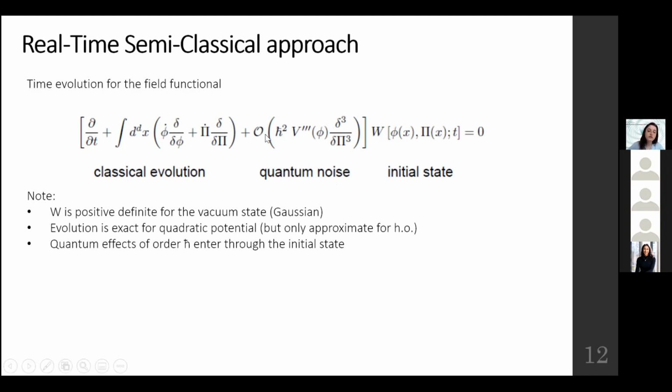In practice, we don't actually look at these higher order corrections, and we only evolve classically. So the initial state, this Wigner distribution, is positive definite in the Gaussian case, which is what we will be working with, the vacuum state. This evolution, as you see, is exact, is no longer perturbative if our potential is quadratic, because this term here doesn't exist. And once again, the Wigner functional itself encodes the quantum effects to first order.